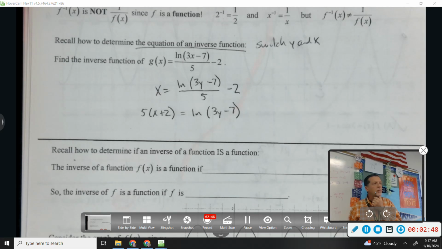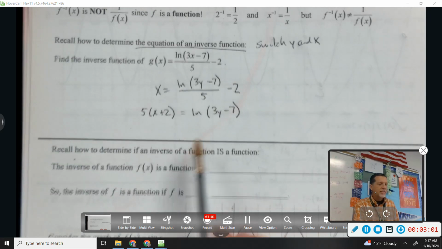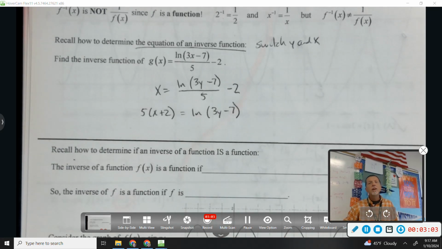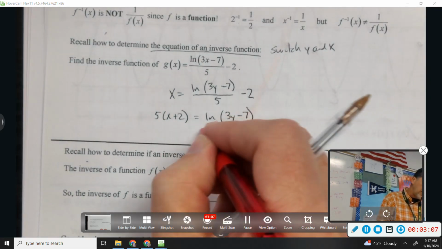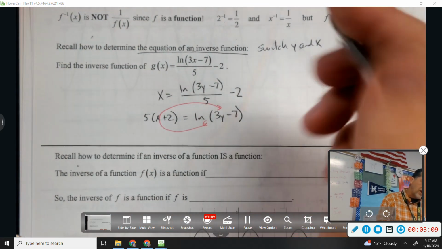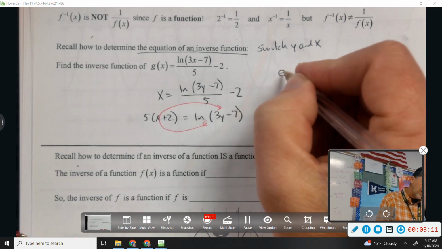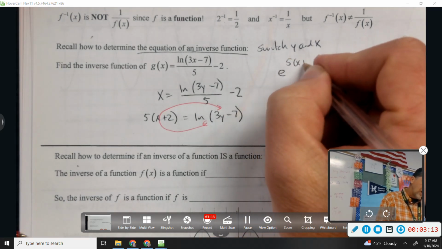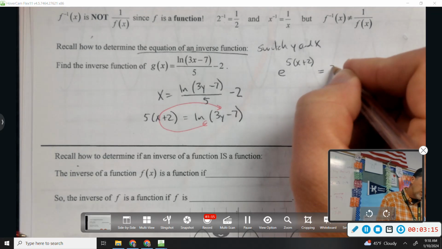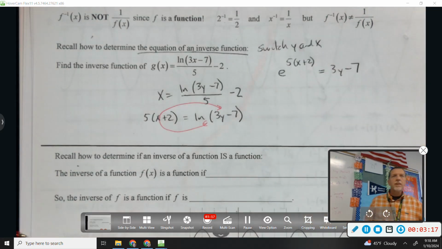I did a couple steps at once there. How do I undo the next step, or what do I do next? Both of those answers are right. You can raise both sides to the e, because e to the natural log would cancel each other out. It's the same thing as the fishhook, because that would be e to the other side equals 3y minus 7. So e to the 5 times (x plus 2) equals 3y minus 7.